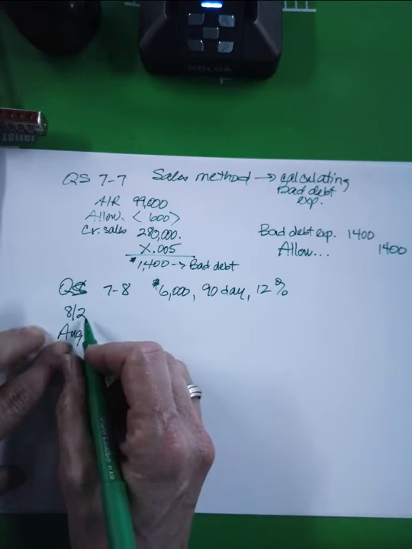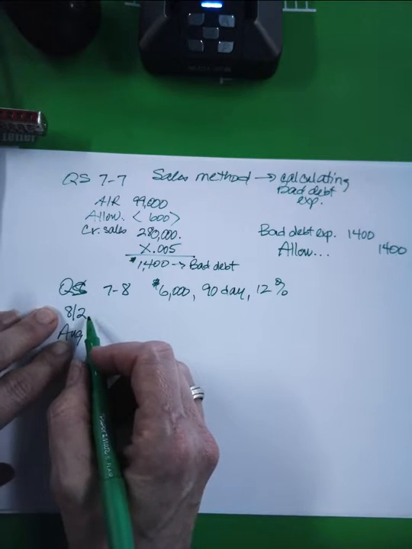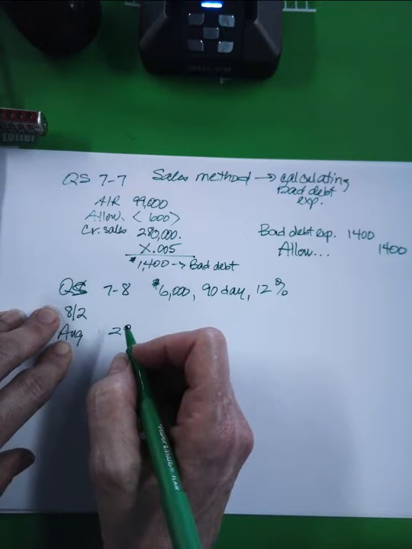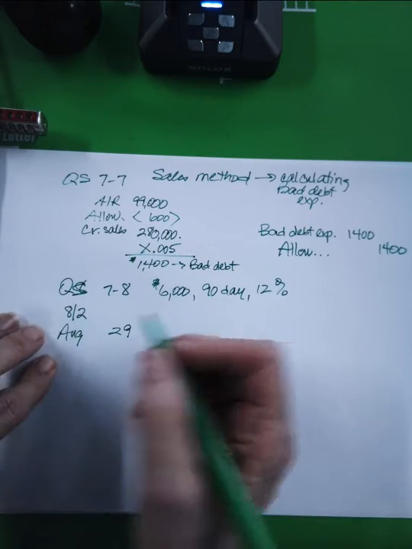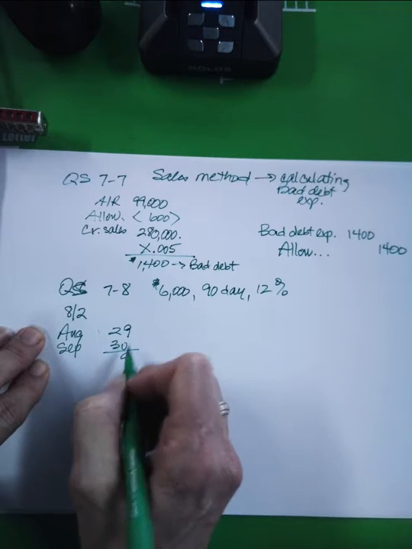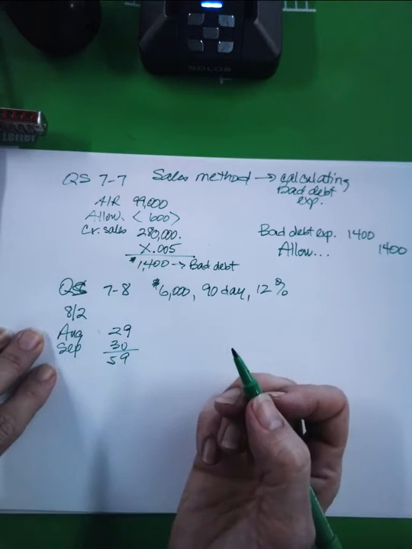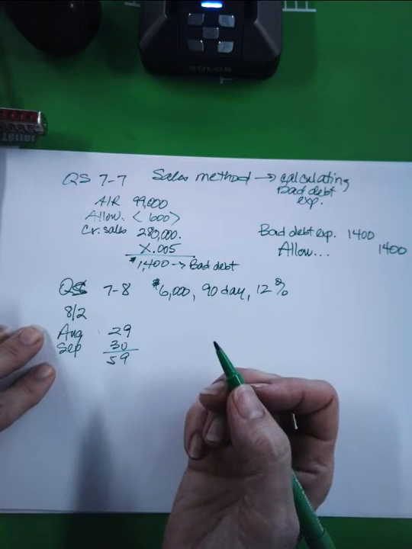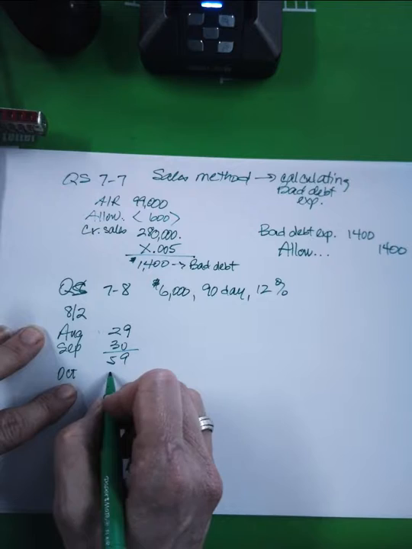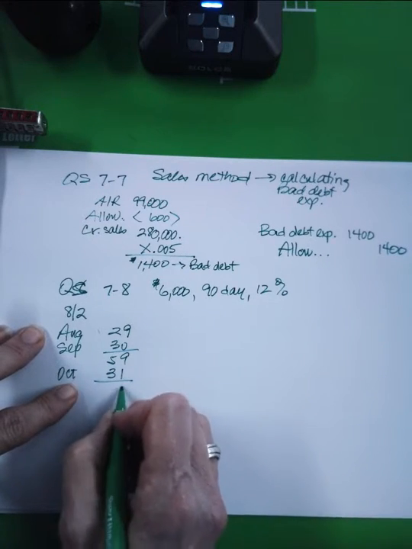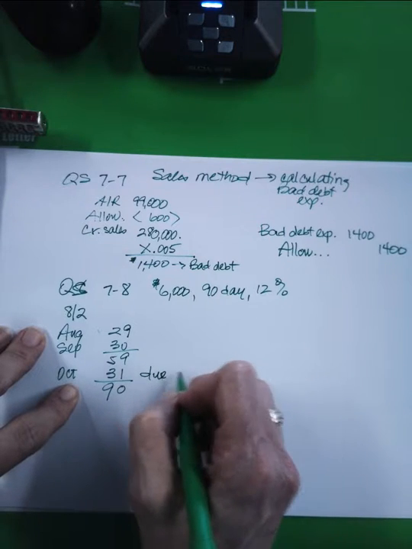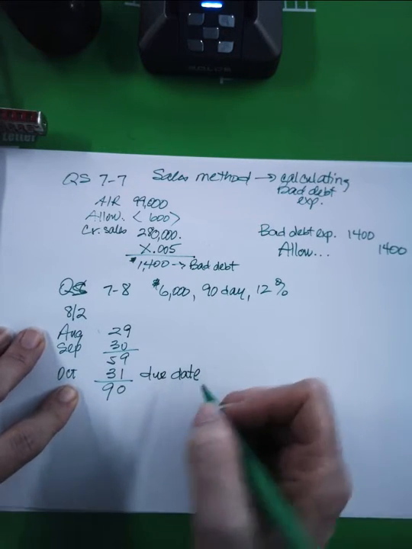If we did this on August 2nd, then we've got 29 days left in August. If I add September, that's a 30-day month, that gets us up to 59 days. October has 31 days, and that actually works out perfectly to get us to 90 days. So October 31 is going to be the due date of the note.